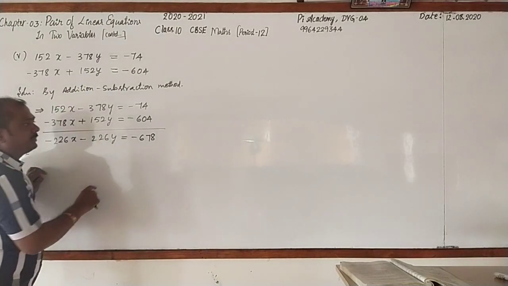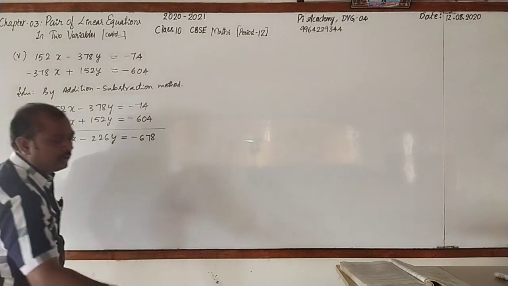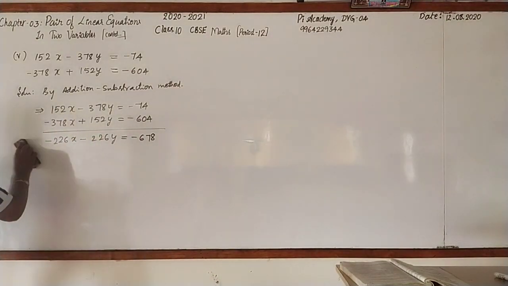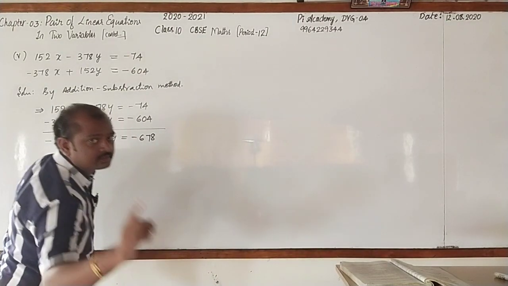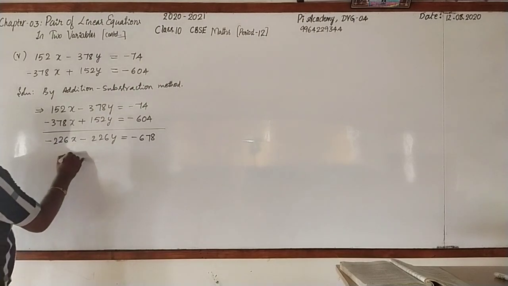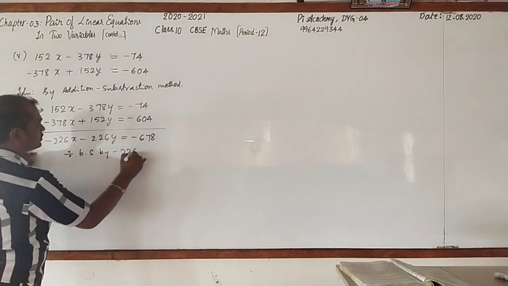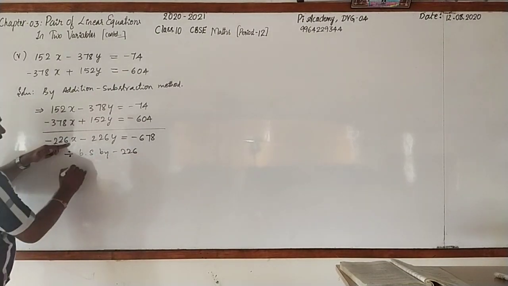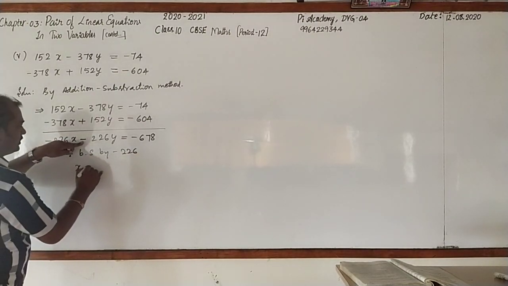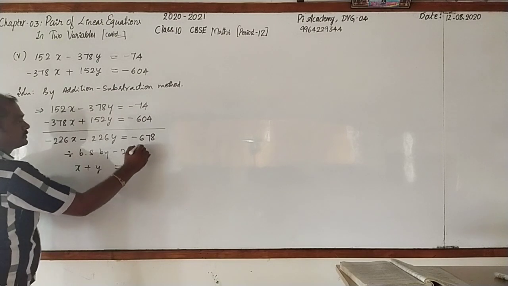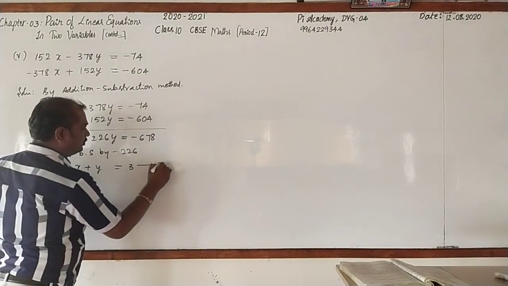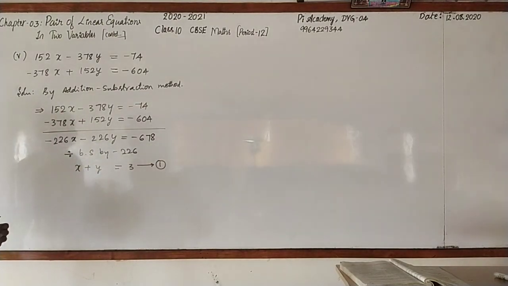So from this we come to know all the coefficients are multiples of 226. Let us go for dividing both sides by minus 226. It will be plus x, plus y, equal to 3. You may call it equation 1.